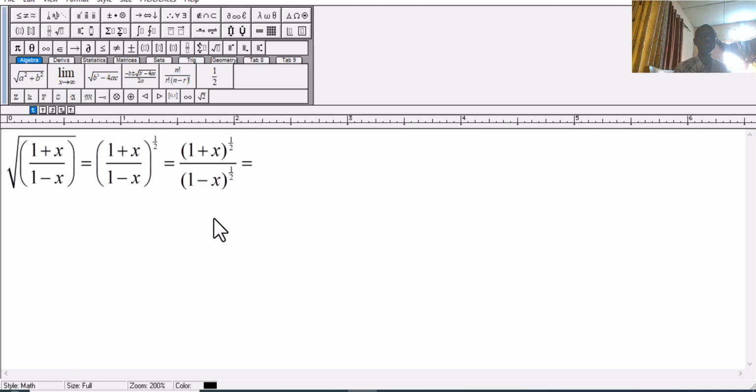It also means 1 plus x raised to the power of half, times 1 minus x raised to the power of minus half.